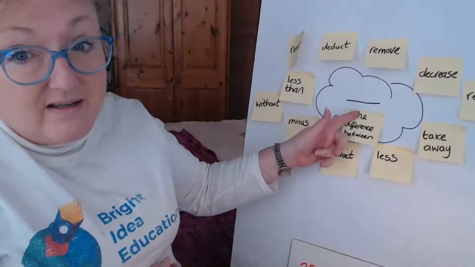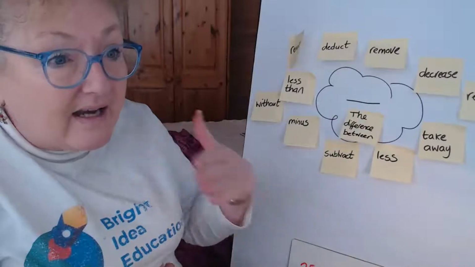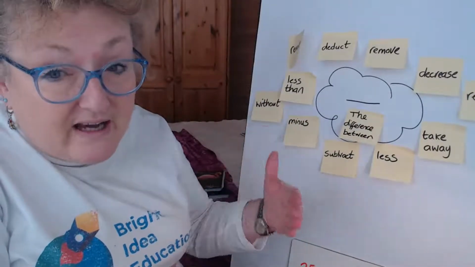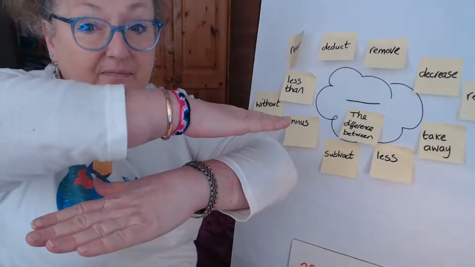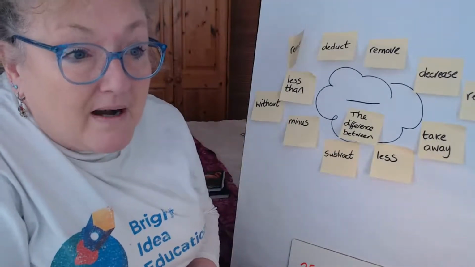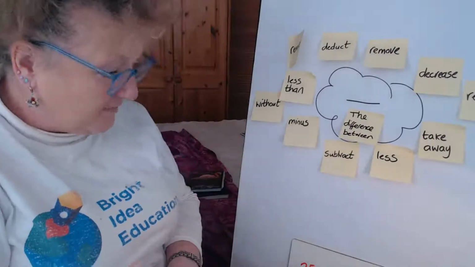It has to have the takeaway, minus, reduce, deduct, difference between symbol. And then to finish the math equation, you need that other symbol, the equals sign. 27 minus 7 equals, and put the answer for me.